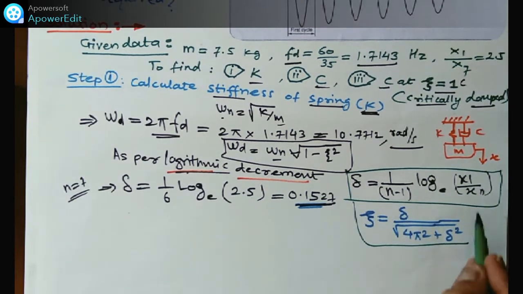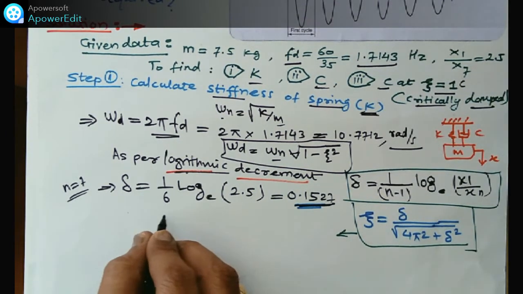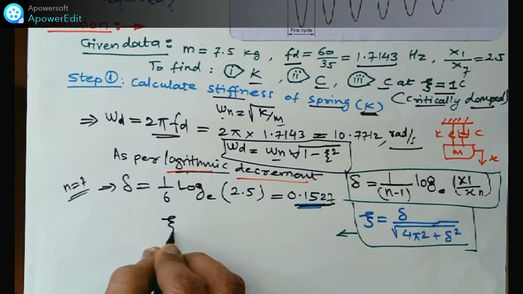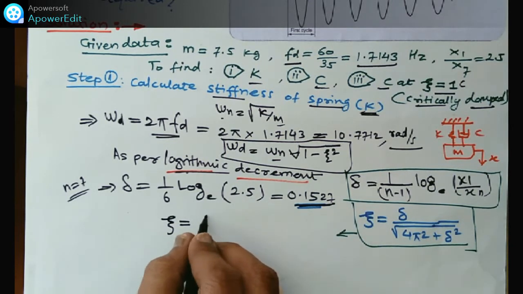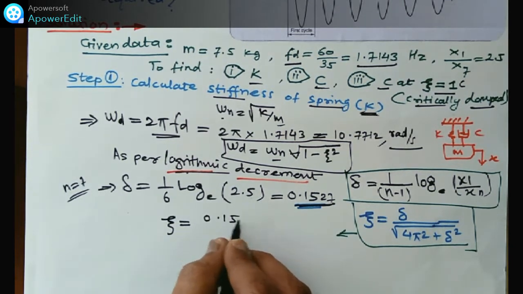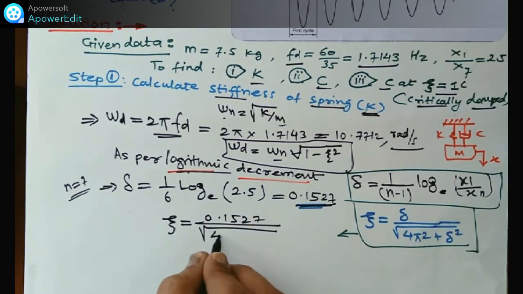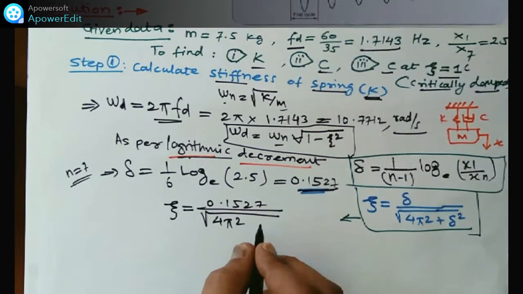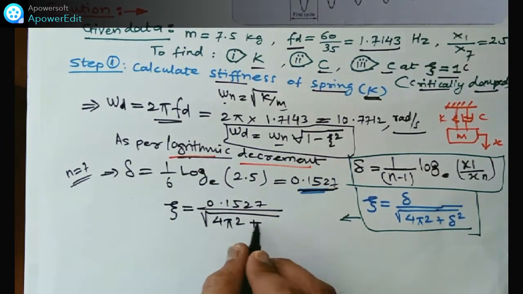So how can we get the value now? Put here these values. Zeta becomes equal to 0.1527 divided by under root of 4 pi square plus the logarithmic decrement square, 0.1527 square.